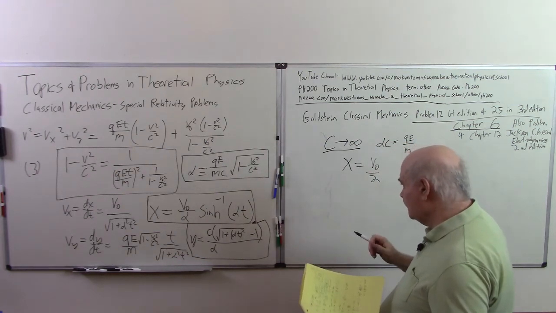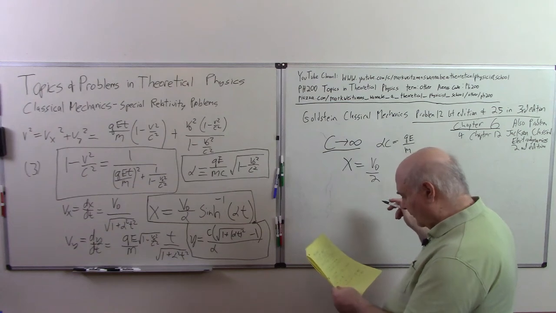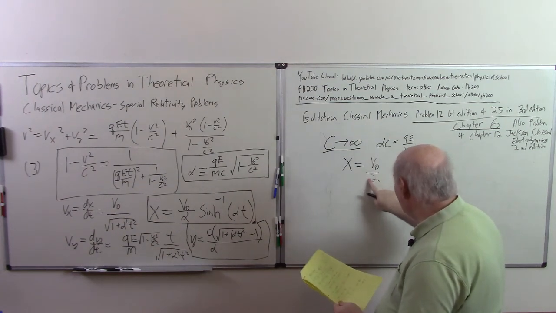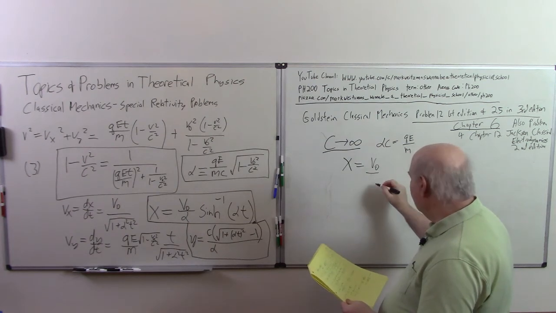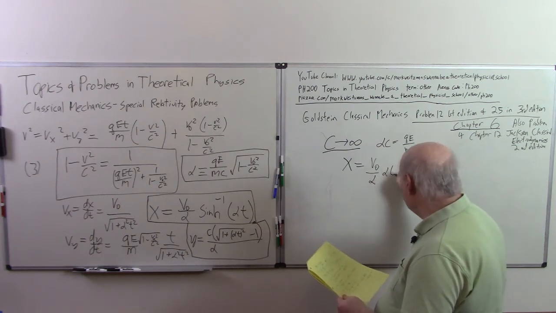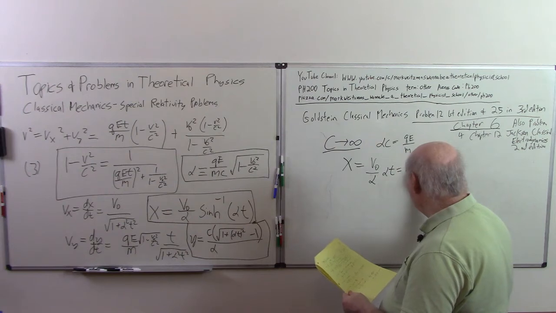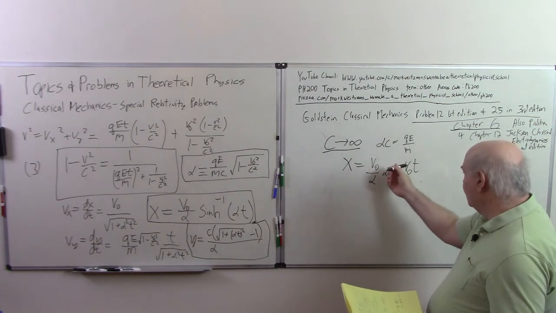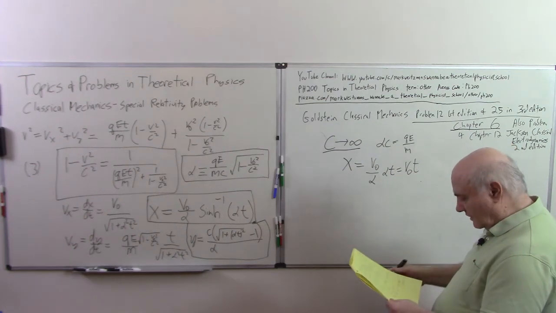So this thing becomes v0 over alpha, alpha t, which is equal to v0 t, which is what we expect classically. It's just moving along with speed v0 times t.